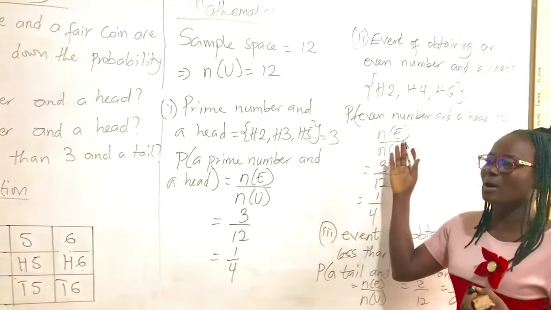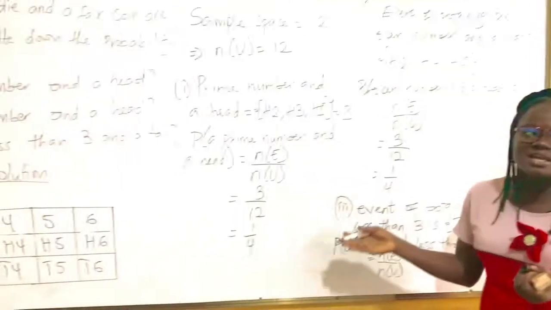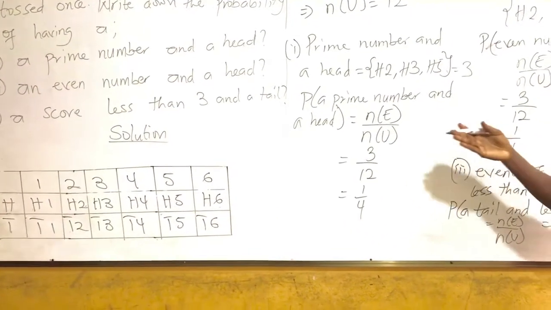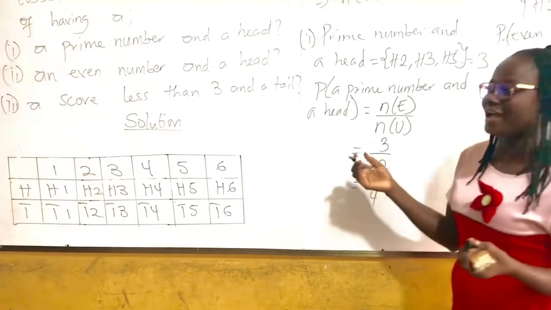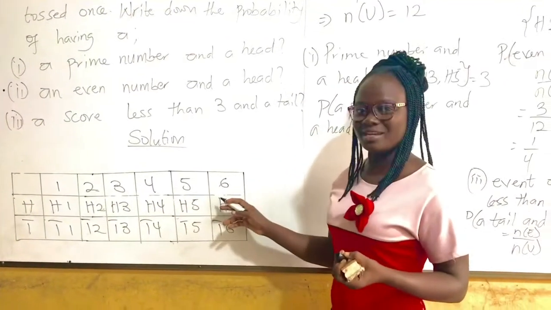The second one was the probability of obtaining an even number and a head. So you go back to your table. An even number and a head becomes 1, 2, 3.